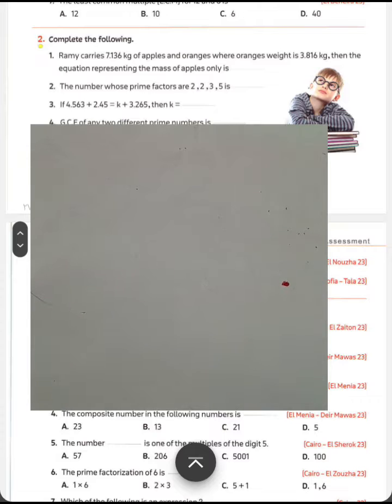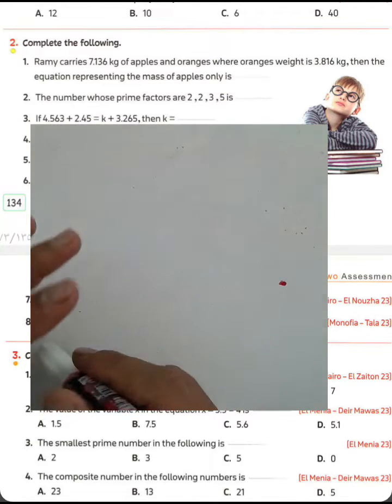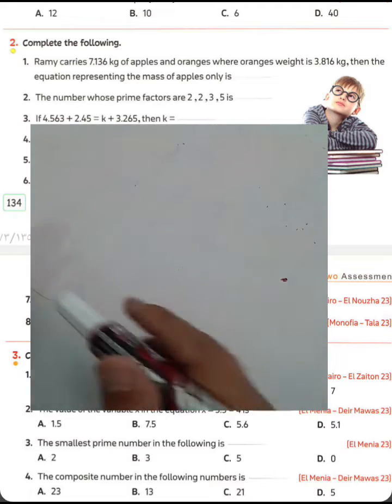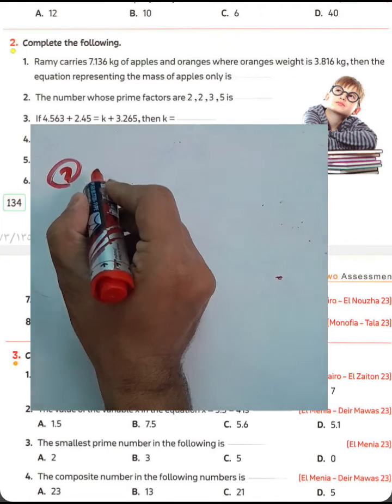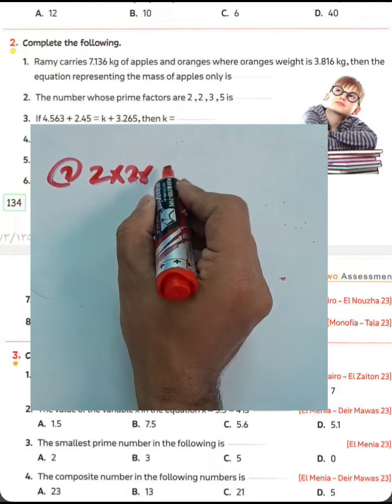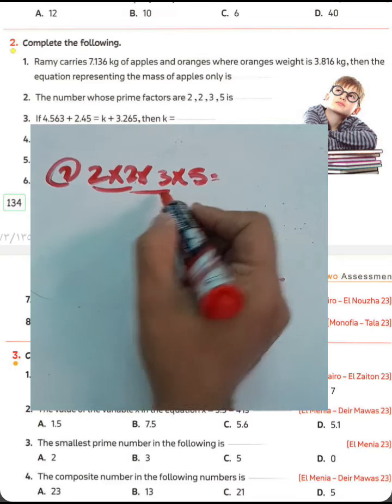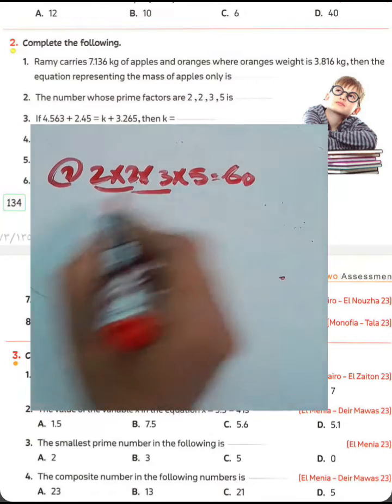Now we will solve question number 2. The number whose prime factors are 2, 2, 3, and 5, we can find the number by multiplying all the prime factors. Write with me: 2 by 2 by 3 by 5. 2 times 2 is 4. 3 times 4 is 12. 12 times 5 equals 60.